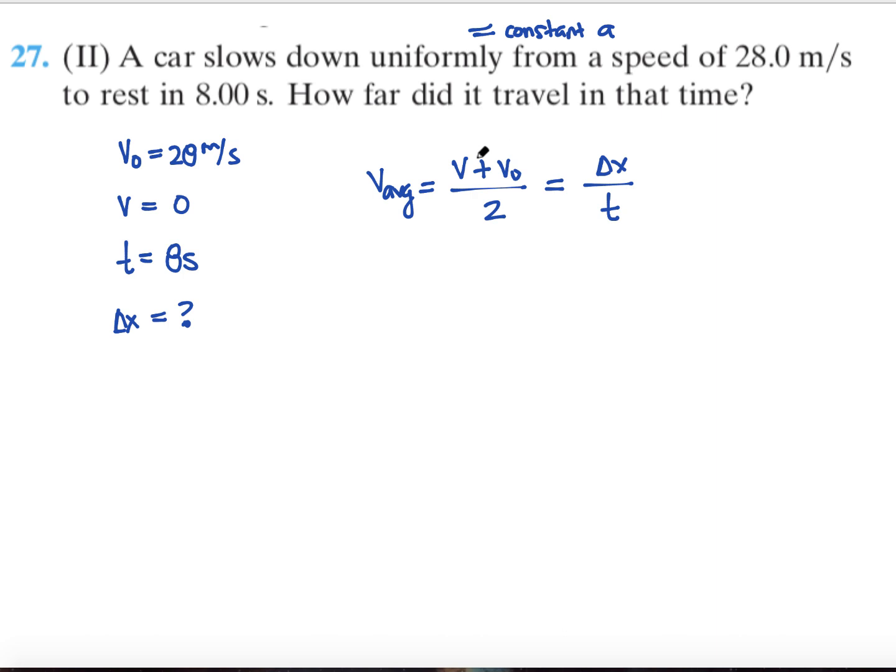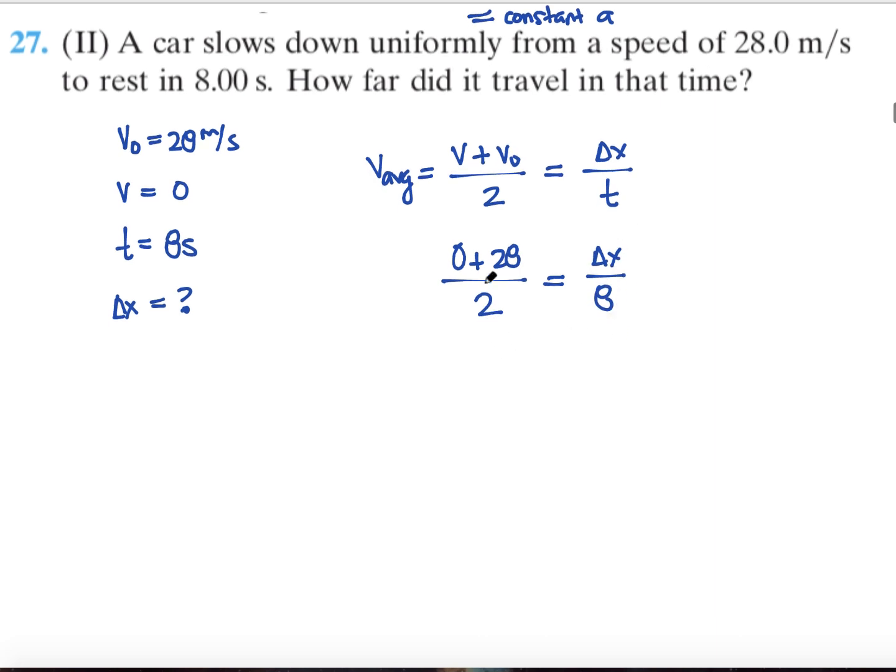These are both valid ways to say average velocity. So this equation here includes all 4 things that I was given. So I can say my average velocity is 0 plus 28 over 2, and that's going to be equal to my delta x divided by 8.